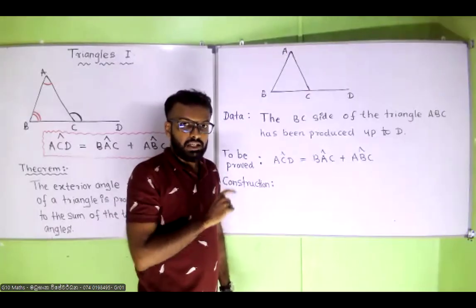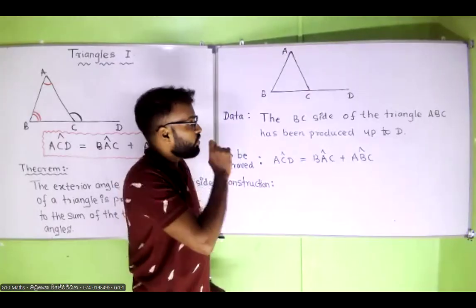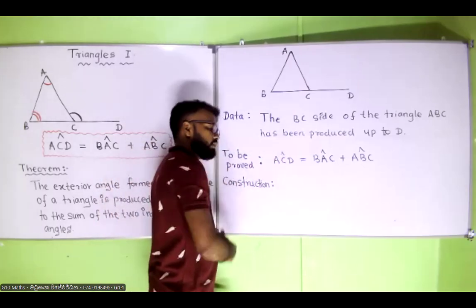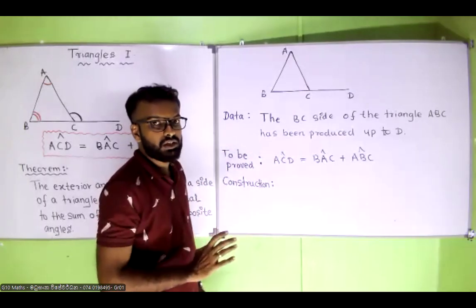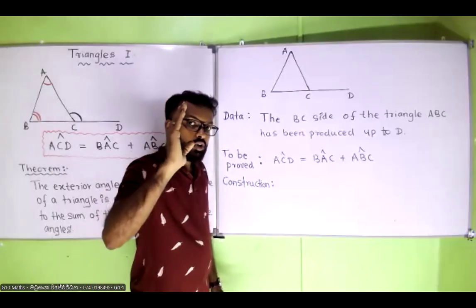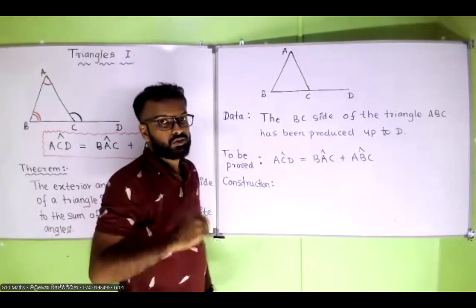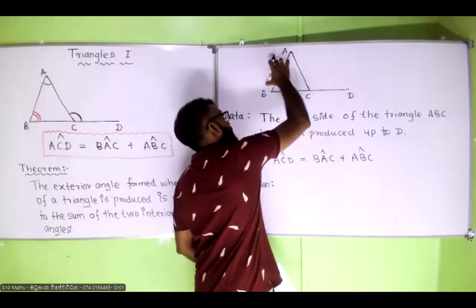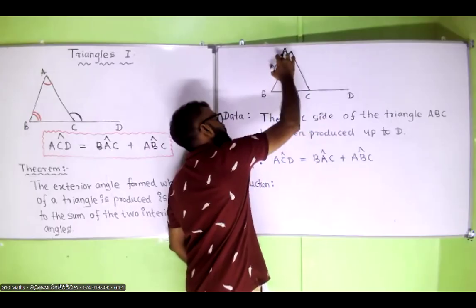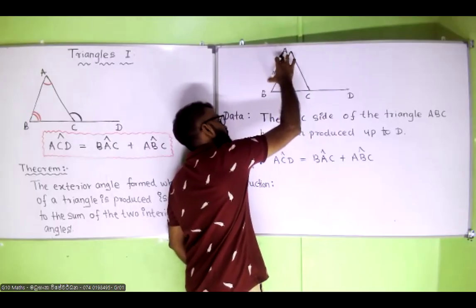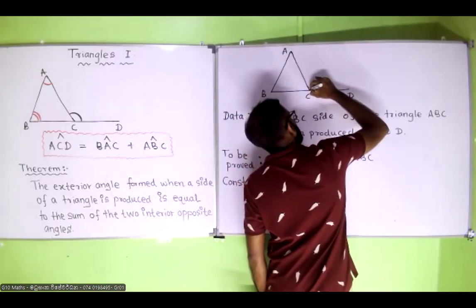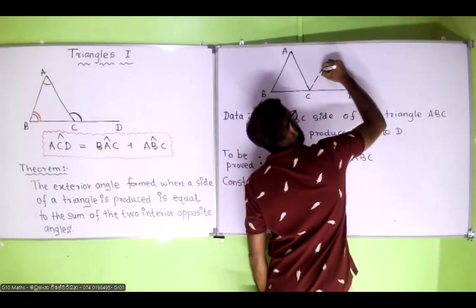When we are doing a construction in geometry, we better use a dotted line or dash line. So I am going to construct a parallel line to our side AB, which crosses through our point C, by using a dash line.